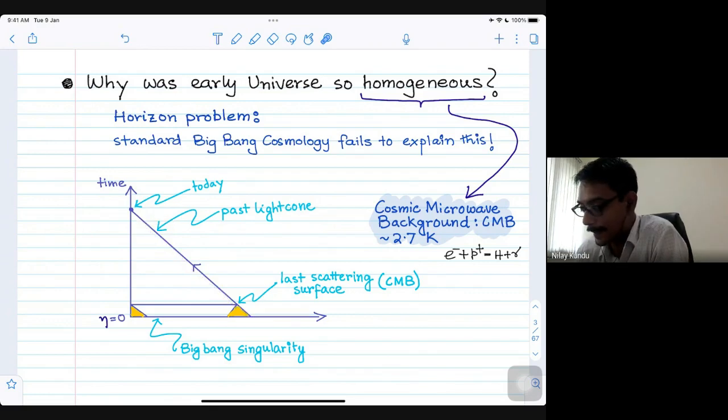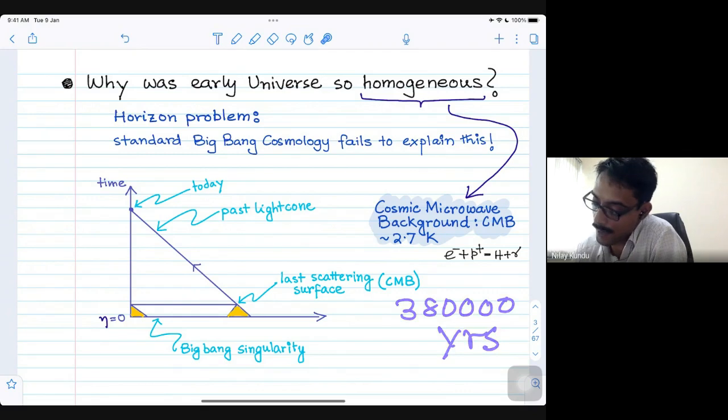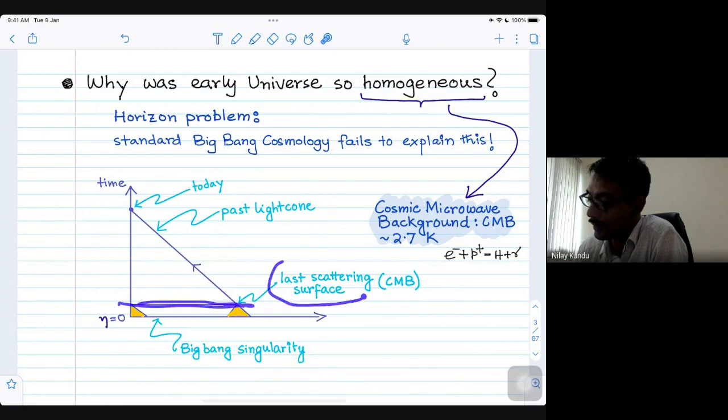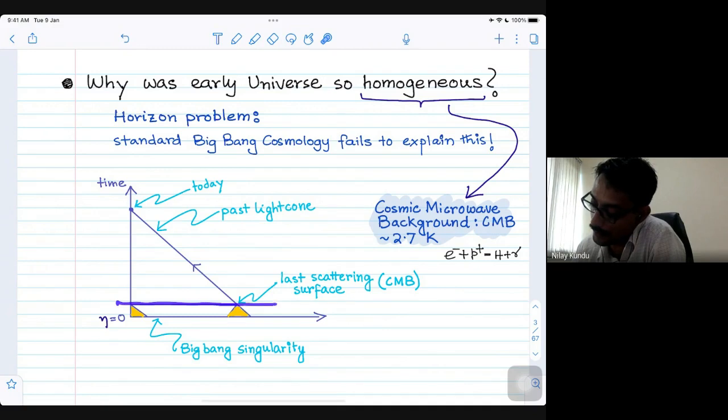Let's say this happens to be some time slice which was around 380,000 years after the Big Bang, which is at this point. This last scattering surface, or this CMB generation, was at this surface. So we are looking at this point, and photons are free streaming towards us, which we are seeing at this point.